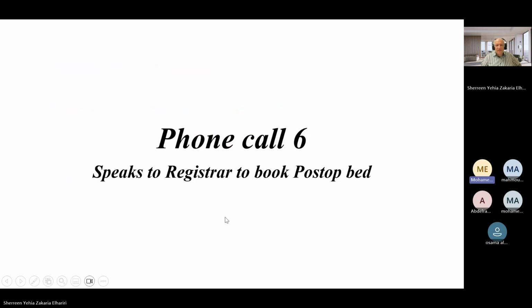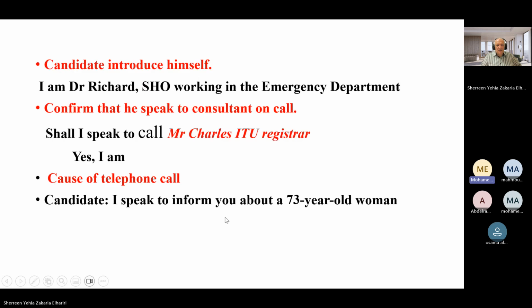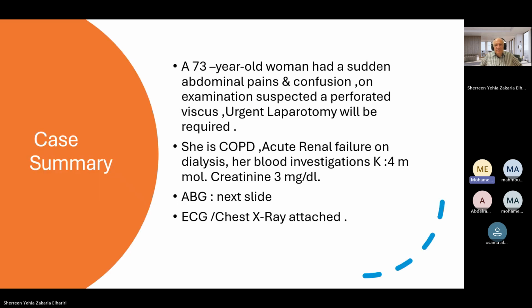Good evening, Dr. Charlie. I am Dr. Richard, surgical house officer, working in the emergency department. I am speaking to the consultant on call, Mr. Charles? Yes, Charlie. I am Mr. Charles, the ITU registrar. Okay. I am speaking to inform you about my patient, a 73-year-old woman with rigid abdominal pain and confusion.